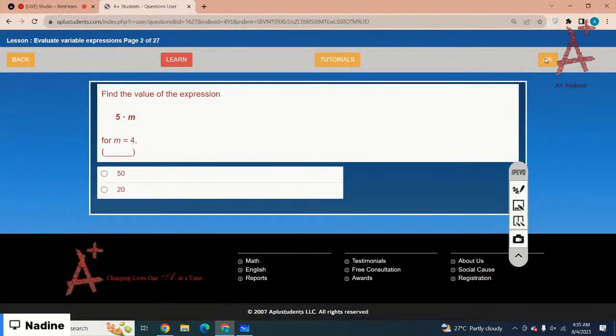You can just write the answers. Okay, find the value of the expression 5 dot m. Dot means they are multiplying, right? You have to multiply the value of m to 5. So which is the correct option? M equals 4.